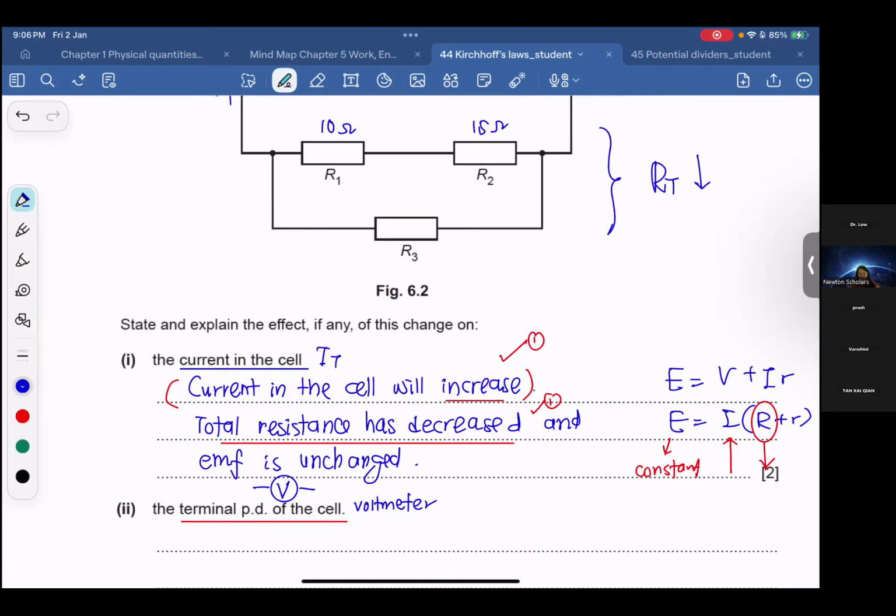Electricity chapter combines a lot of knowledge in one question. About the EMF and the internal resistance, this is last week's lesson. Any of you got idea? What happened to your voltmeter?